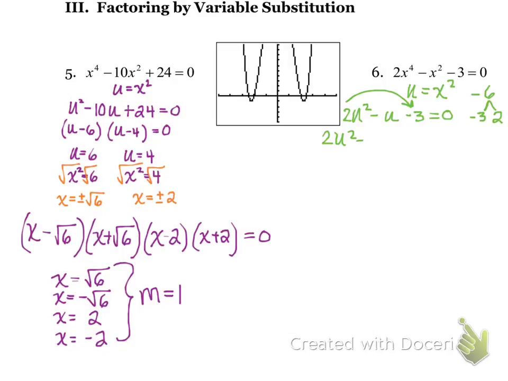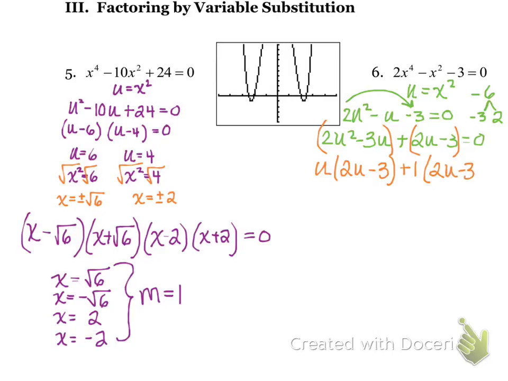Okay, so I'd have 2u squared minus 3u plus 2u minus 3. And again, we're going to factor by grouping. Group the first two, group the second, pull out a GCF of u, and I'm left with 2u minus 3, and then 1 over here because I have 2u minus 3 already.